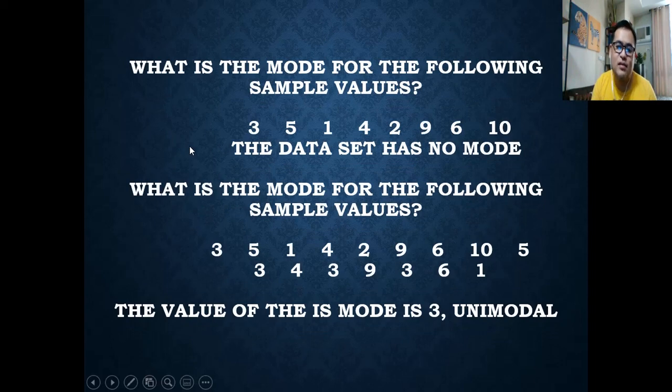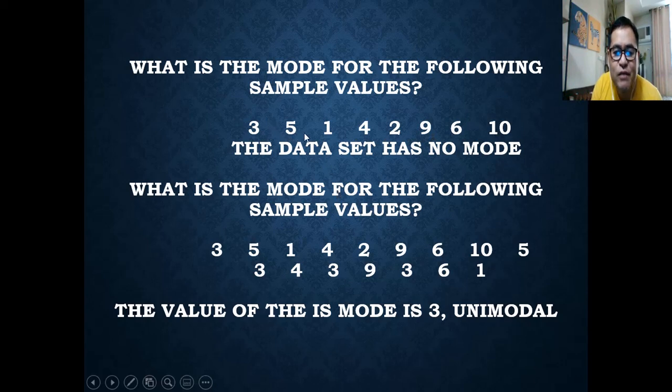What about this one? Mode. When we speak of mode, that means this is the most frequent event or number that usually appears in the distribution. So what is the mode for the following sample values? 3, 5, 1, 4, 2, 9, 6, and 10.